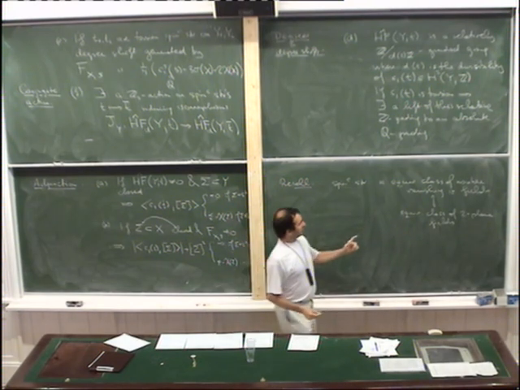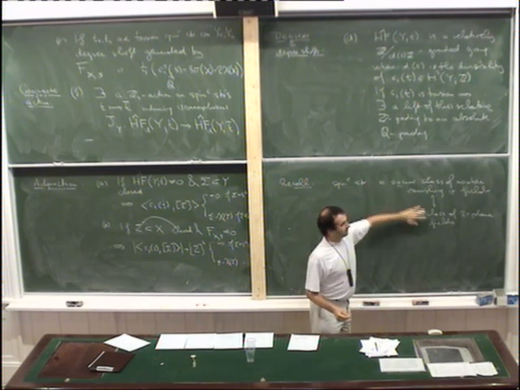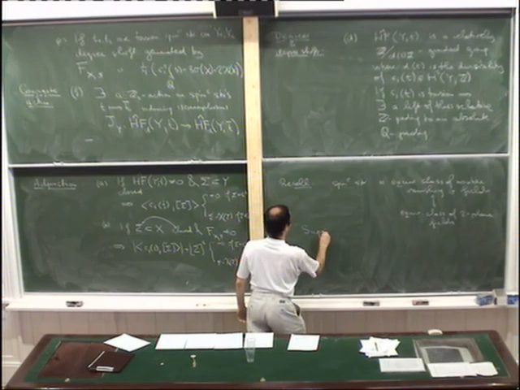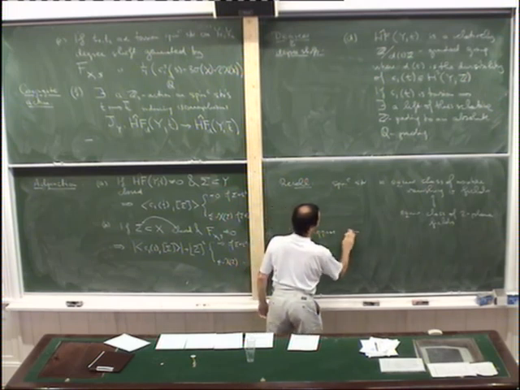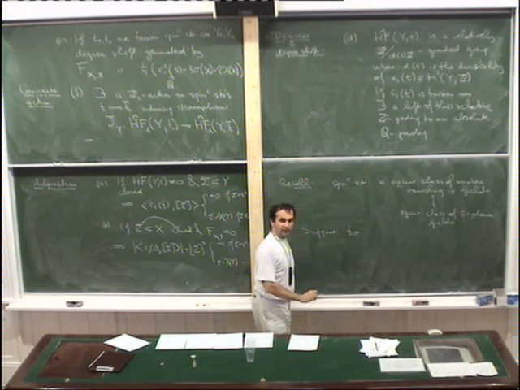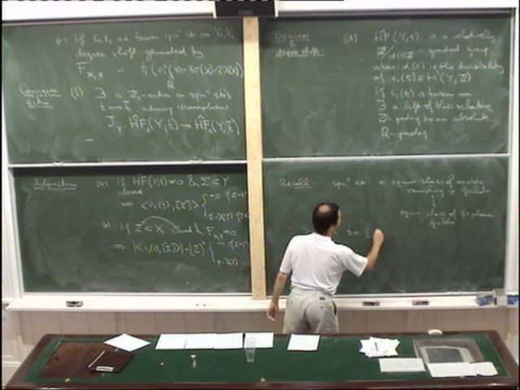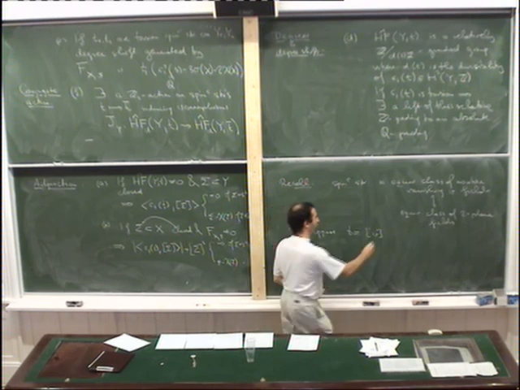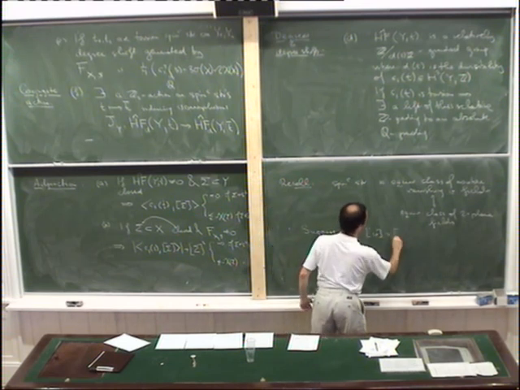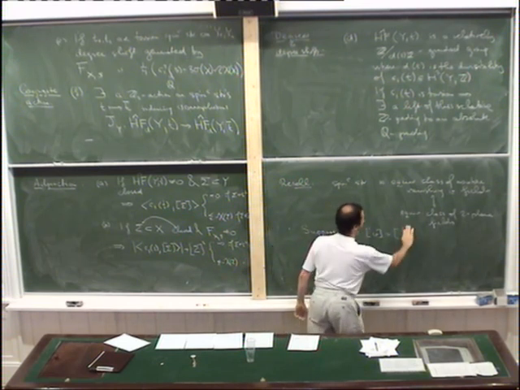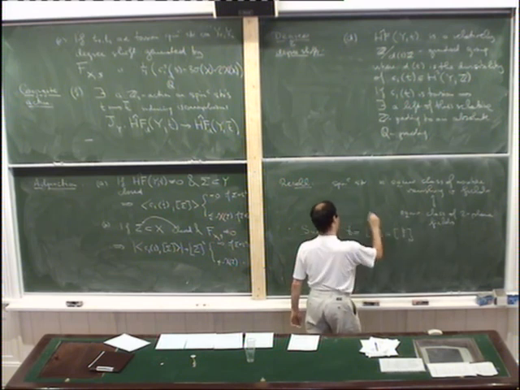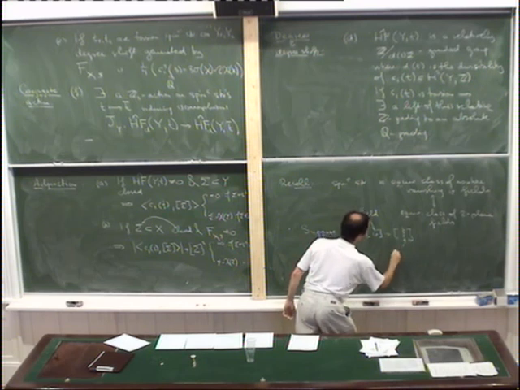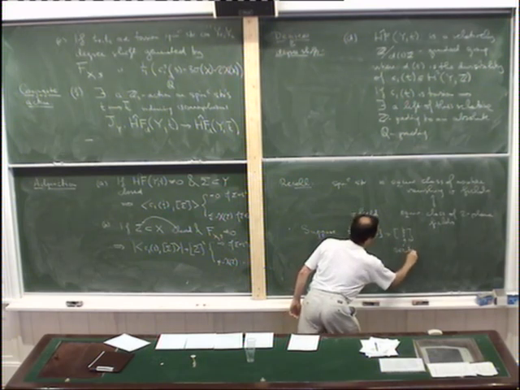And so the conjugate action is quite easy to describe in these two languages. So suppose that T, the spin C structure, is given by the equivalence class of a nowhere vanishing vector field V, or in the two-plane field language, an oriented two-plane field Xi.